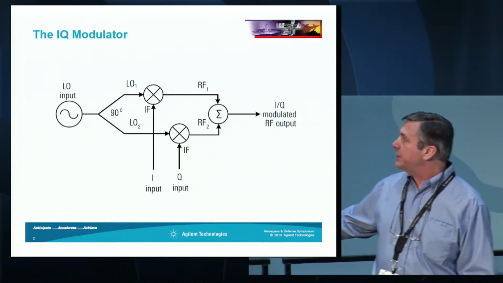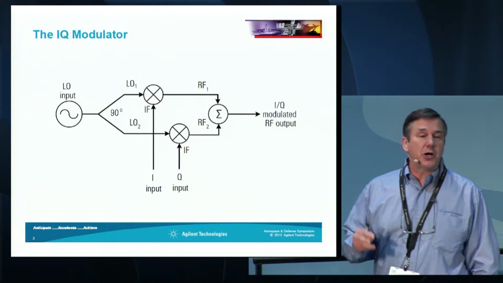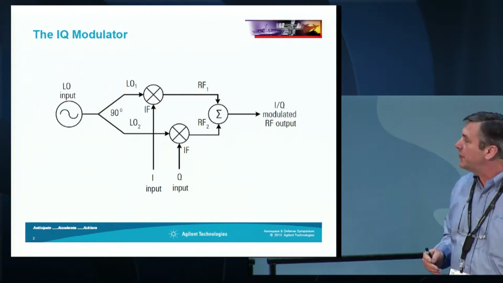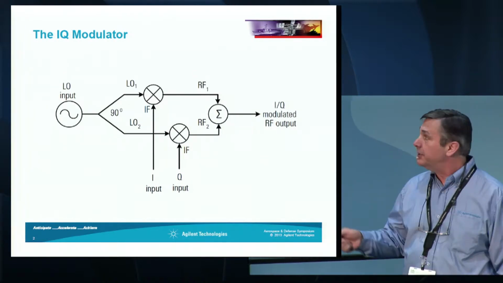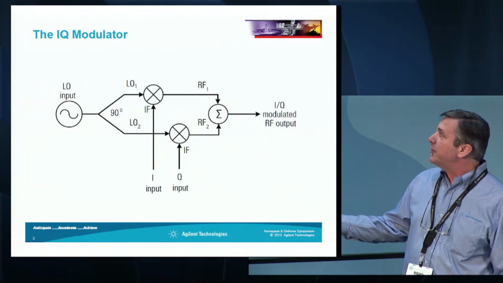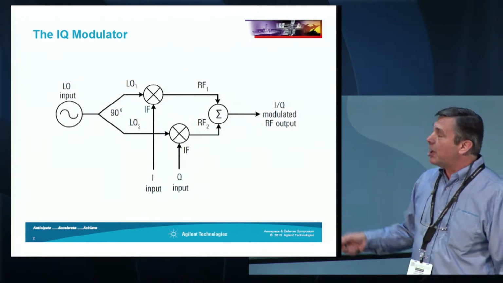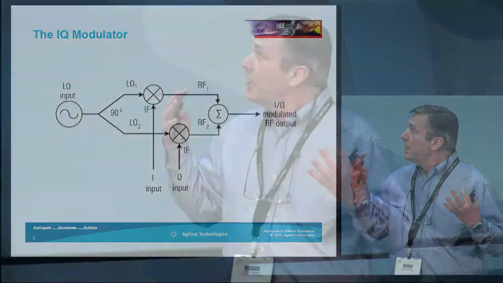And here's our I and Q input, which of course are our analog baseband signals that represent our vector modulation when combined in this method. And out comes our IQ output. This goes on to the RF for upconversion, filtering.